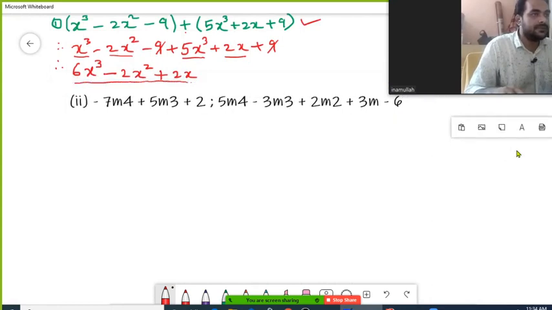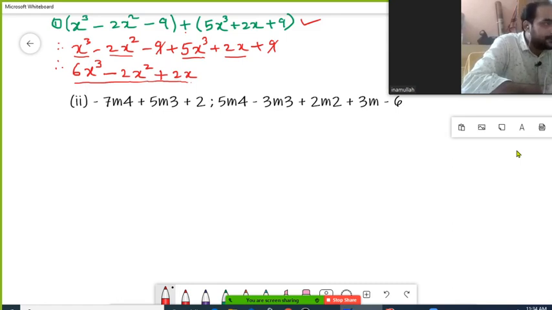The same procedure we can follow to solve this question. First, we need to write this question in proper order, because since we copied this question from a PDF, the powers are not appearing in the proper places.